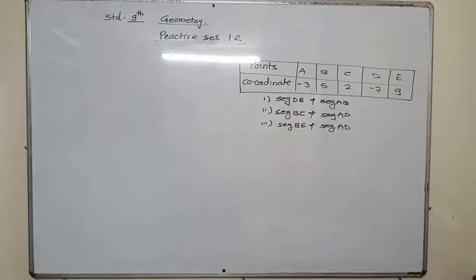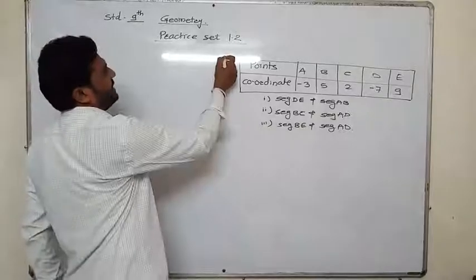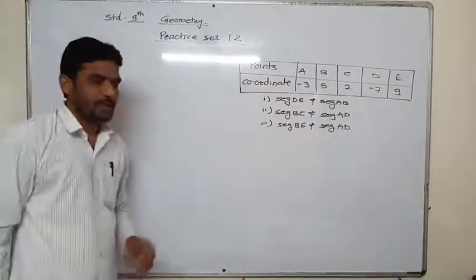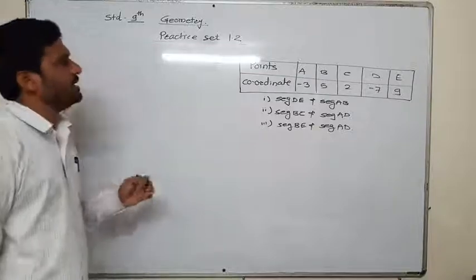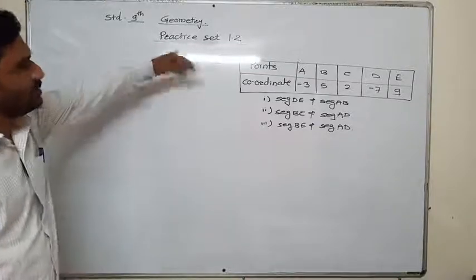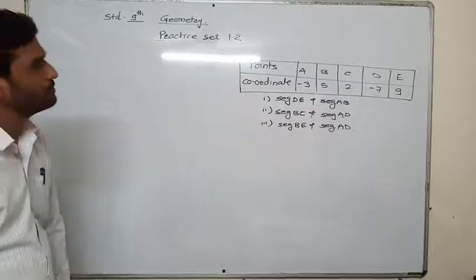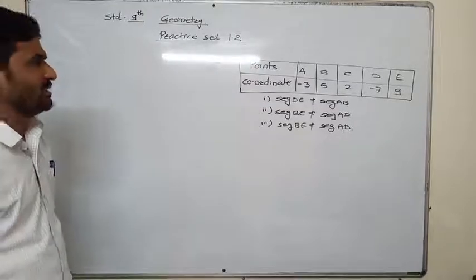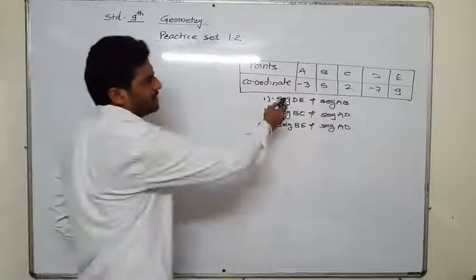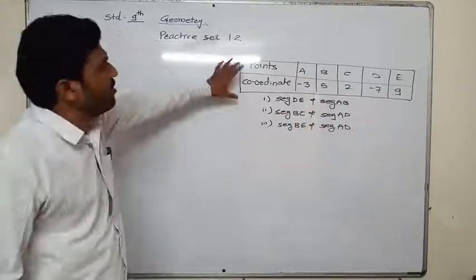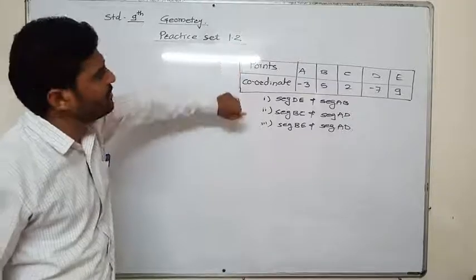See here, in practice set 1.2, the first example depends on the congruency of segments. We studied congruent segments, and in practice set 1.2 our first example depends on congruent segments. They ask us to decide whether this pair of segments is congruent or not from the given information.